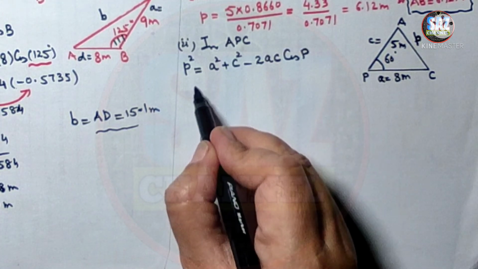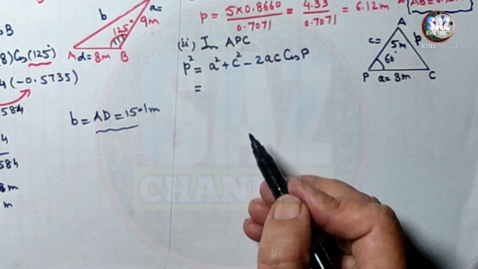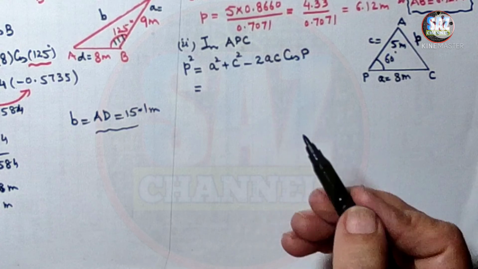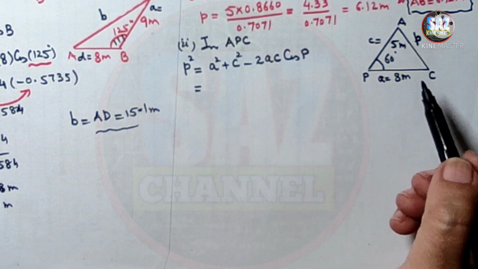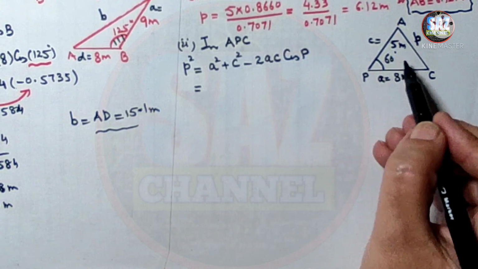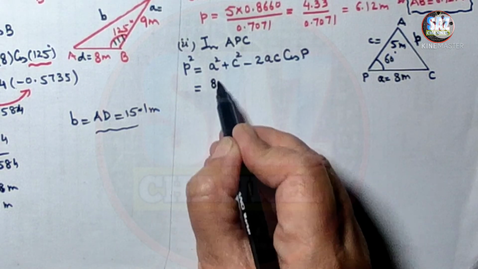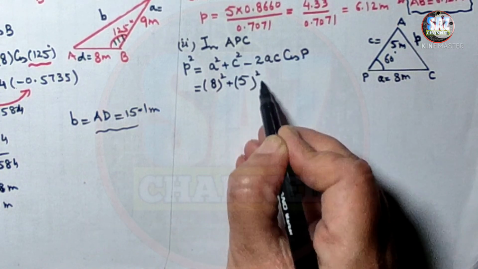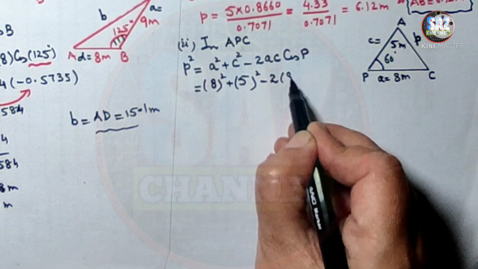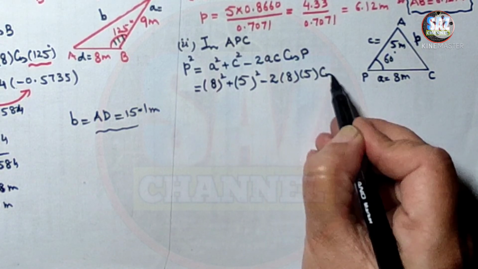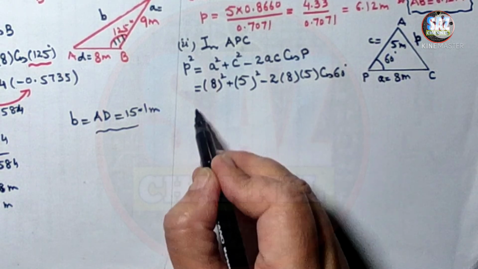I'm going really slow so that my O2 students, who are beginners at this stage, can understand the questions easily, and my O3 students can also recall and reinforce the concepts properly. This is 8 square plus 5 square minus 2 into 8 into 5 into cos 60 degrees, as given in the question.